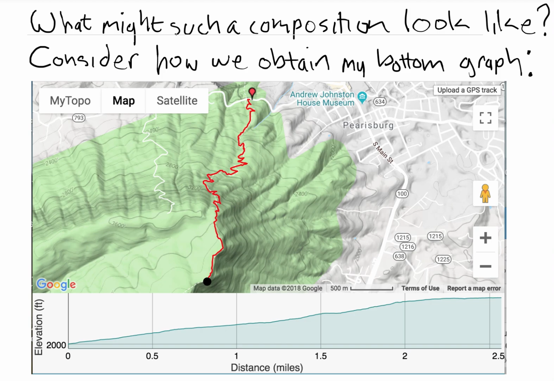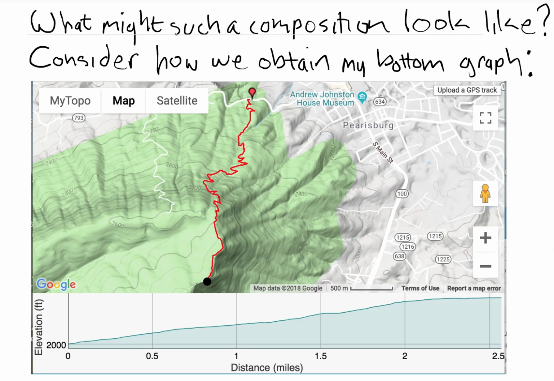I plug in a time, I get my elevation. So this is just one example of a situation where I'm taking a composition. And if I'm interested in taking derivatives, this is another practical question to ask. Derivatives tell you slope. If I'm asking for the derivative of this function, I'm really asking how steeply my elevation is changing, or basically how crappy the hike is, right?